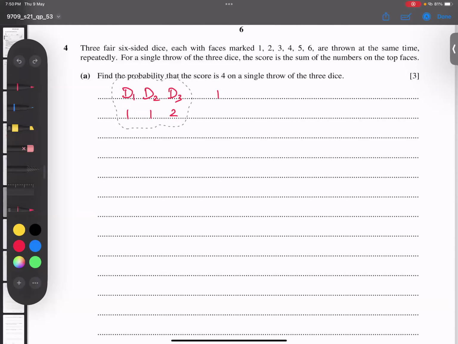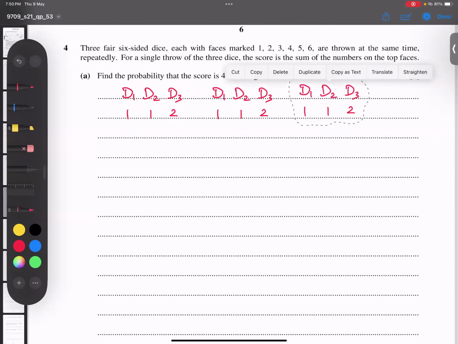And we have other options. I will tell you two techniques for doing this question. So one option is this one, what is the third option? Two more options. For example, 1 comes on the first dice and 2 comes in the middle, or 2 comes here.